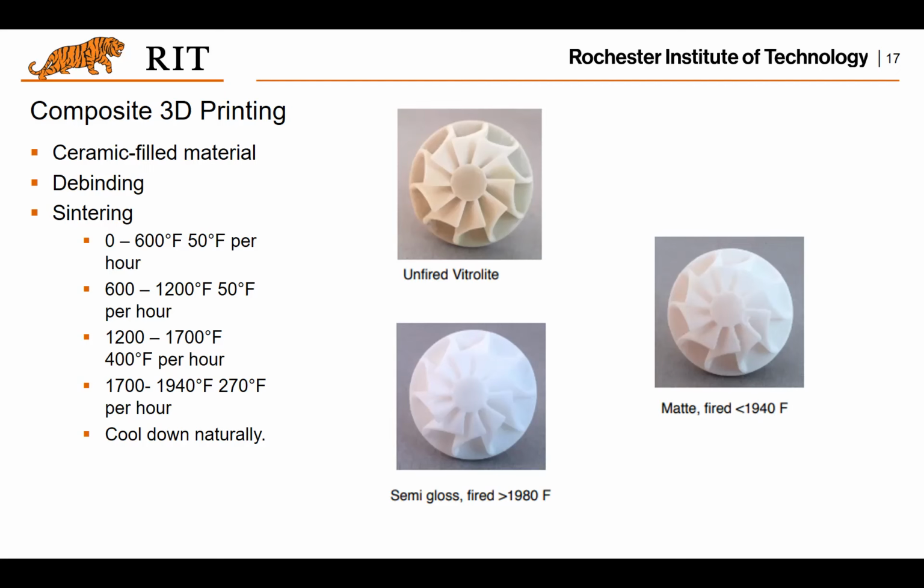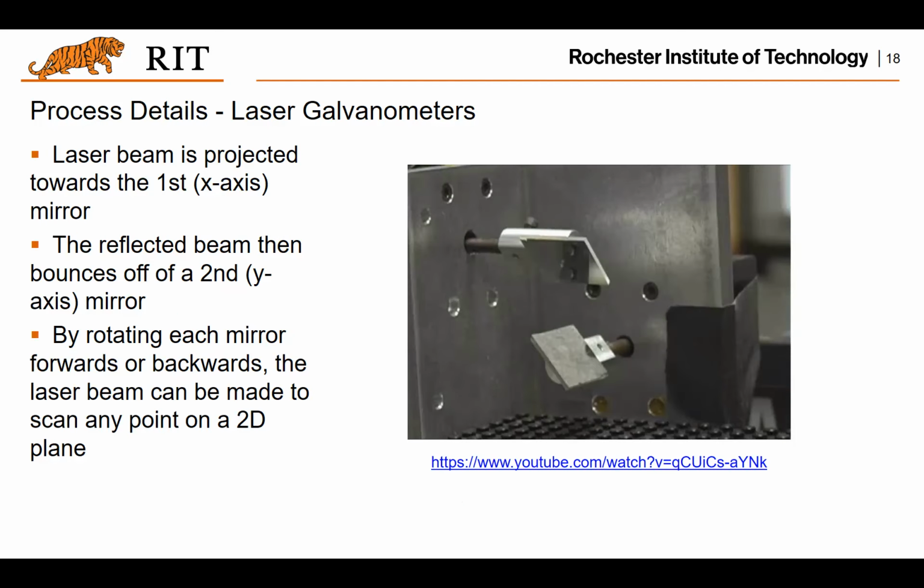All right, let's move on. So let's take a close look at those details. One key component in those laser scanning based processes is the laser galvanometer. Basically, this galvanometer has two mirrors, here and here. One is the first axis, which we can take as the x-axis. Another one is the y-axis.